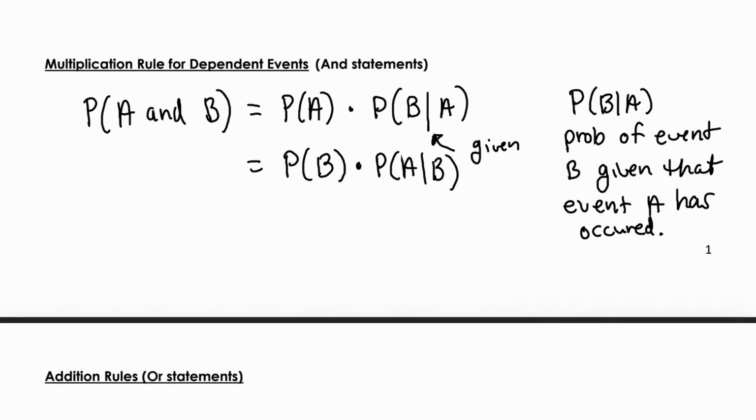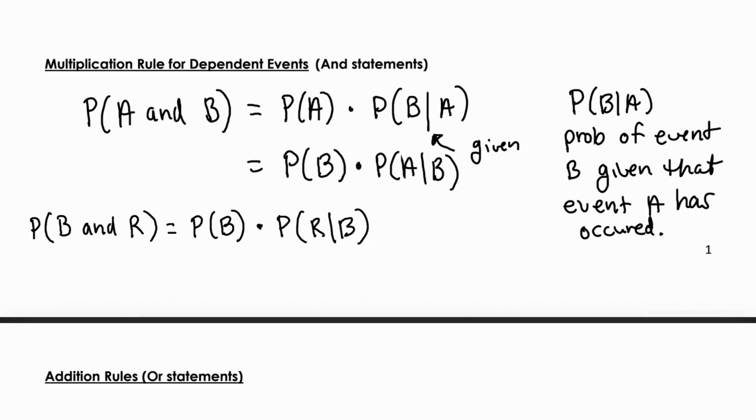You can use either one of those formulas. If we go back to our example with the bucket with blue and red chips, let's say I want to find the probability that I pick a blue chip and then a red chip. Using the notation we just learned, I want to find the probability that I got a blue chip and then multiply it by the probability of getting a red chip given that I already picked a blue chip.